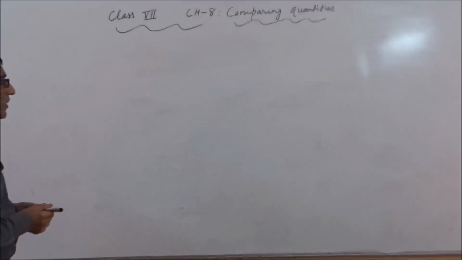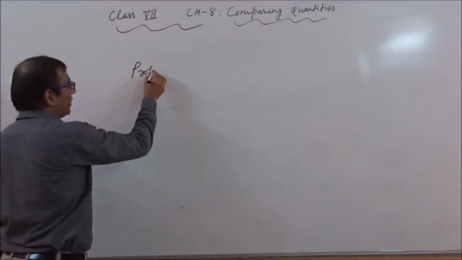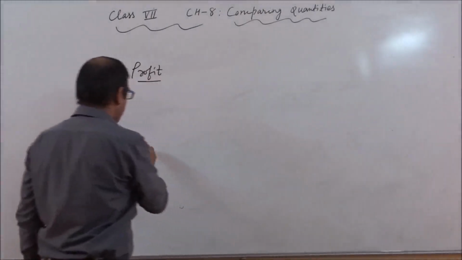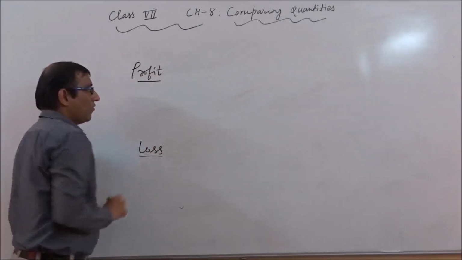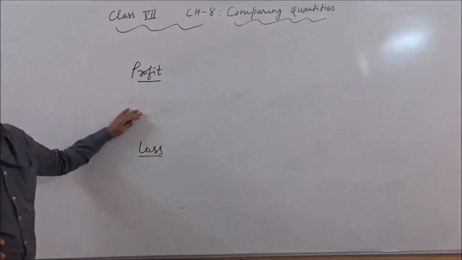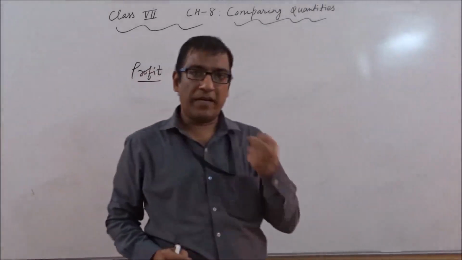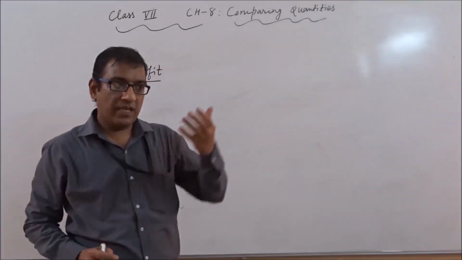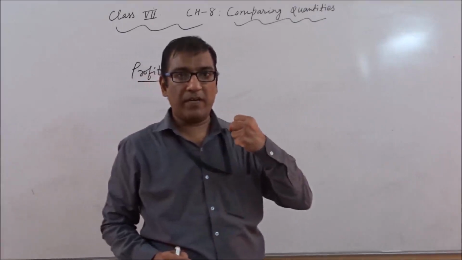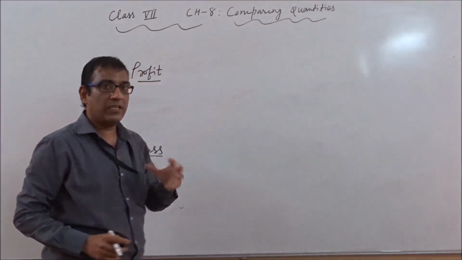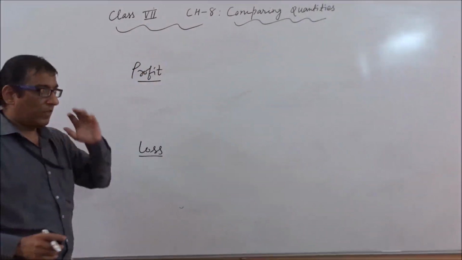Now I will continue with one of the interesting concepts, that is profit and loss. So what is the meaning of profit? Whenever we purchase something from the market, that is, if we buy something from the shopkeeper, that buying price is related with the cost price.